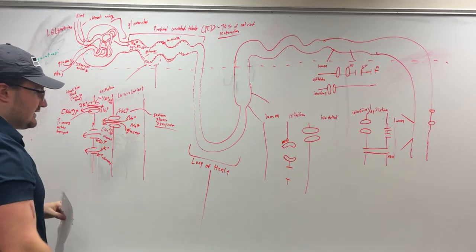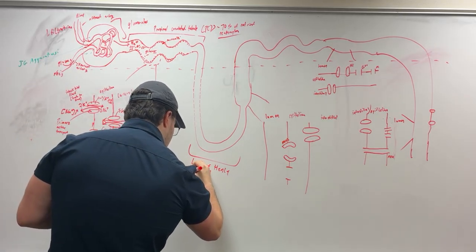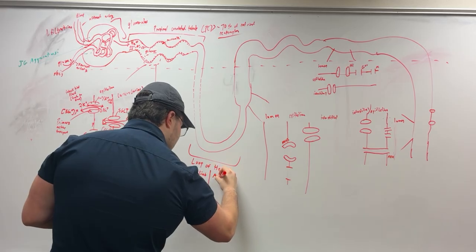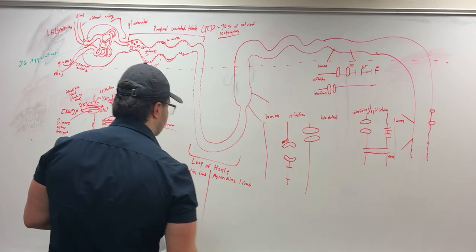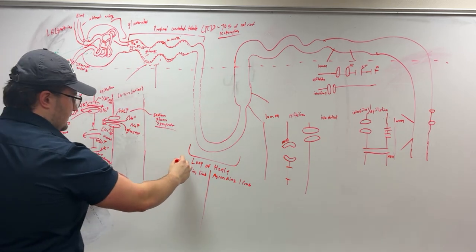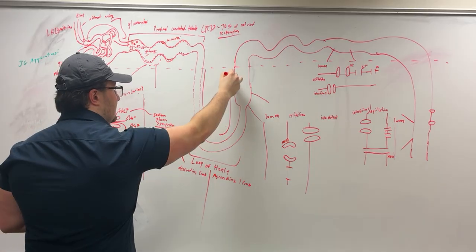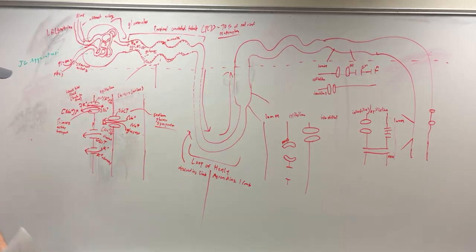And it's sort of divided into two parts. It has a descending limb, and it has an ascending limb. So this is the descending limb, the part that's going down, and then the ascending limb is this portion that's going up, and it has this sort of thicker portion here. But the whole thing is called the loop of Henle.